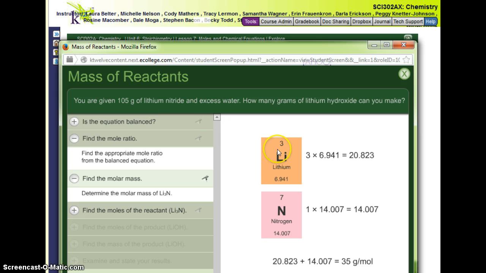Lithium, I have 3 of them. They each weigh 6.941, so my total for lithium is 20.823. For nitrogen, I only have 1, and it weighs 14, so that total is 14. I add them together, and I get 35 grams per mole. So if I have a mole of Li3N, it's going to weigh 35 grams.